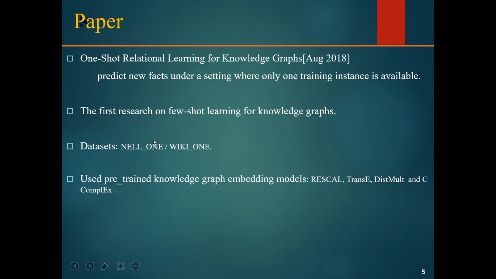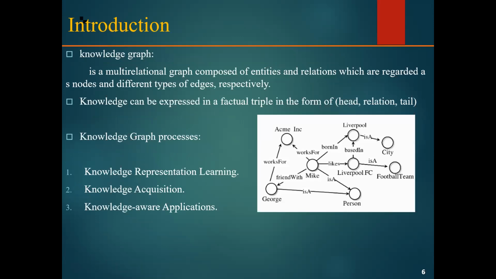It uses very famous datasets related to the knowledge graph, the NELL dataset and the Wiki dataset with some small modification. And instead of learning the embeddings, they use pre-trained knowledge graph embeddings, from models like TransE.